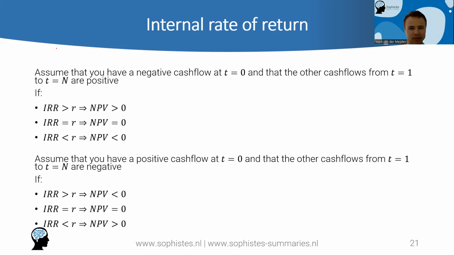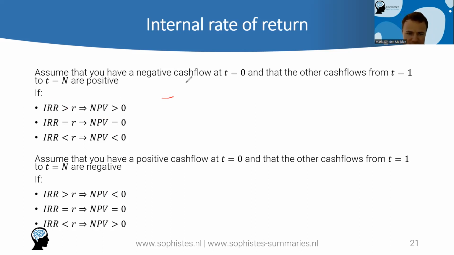One important thing to remark is what I told you about how the IRR and the R tells you something about the NPV. I said if the R was smaller than the IRR, then the NPV would be positive, right?